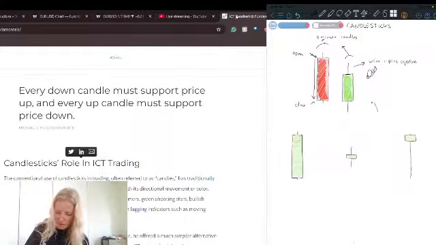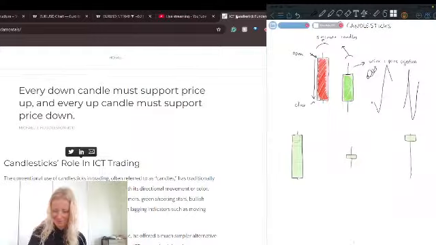Then it went down a little bit. Then it went all the way up and it closed here. Or maybe it opened here. Then it went all the way up, all the way down, and then closed here.